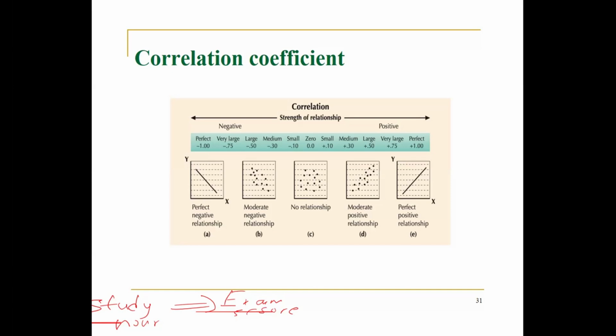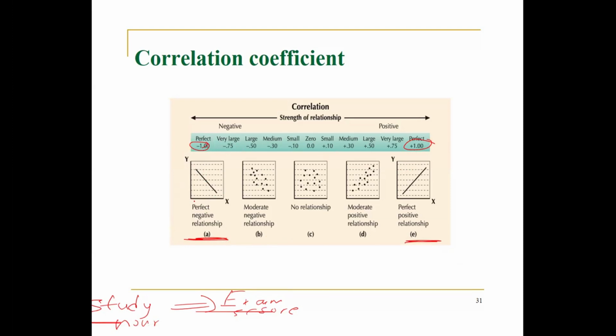It provides a value between -1 and 1, where -1 indicates a perfect negative relationship, and 1 indicates a perfect positive relationship.